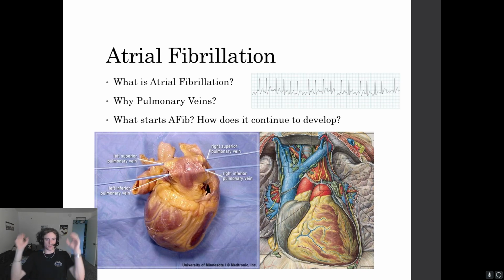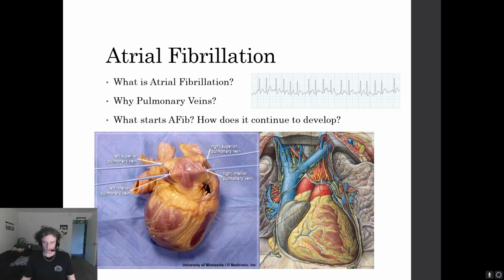And then just isolating the pulmonary veins won't help, because you're going to see fibrosis in, so just isolating here and here won't help because you need to burn all this, because you're going to see it happen right here. And then you're going to see it happen down here. You're going to see that whole atrial wall become the substrate or the material where the signal can pass through.